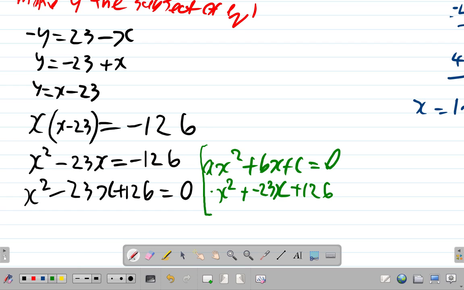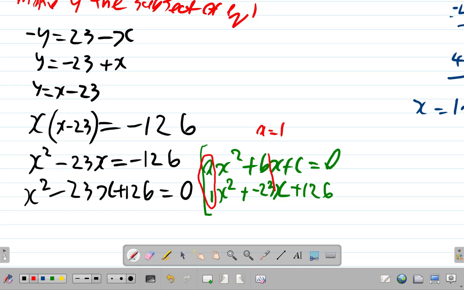What you find here, this is really 1x squared, but we didn't write the 1. So a is 1. A is the number that multiplies x squared, and you see 1x squared here, so a is 1. How about b? Up here says plus bx, down here says plus negative 23x.